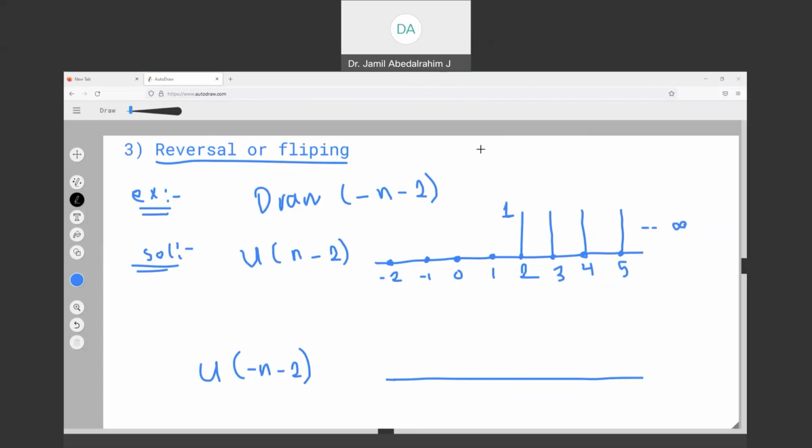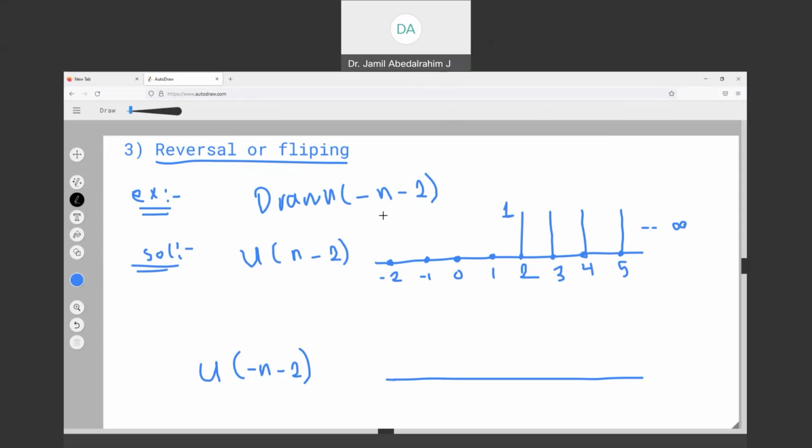Okay, the last type of transformation is reversal or flipping. In this part we need to include shifting. We cannot solve it directly. Okay, let's see this example: u of minus n minus 2.